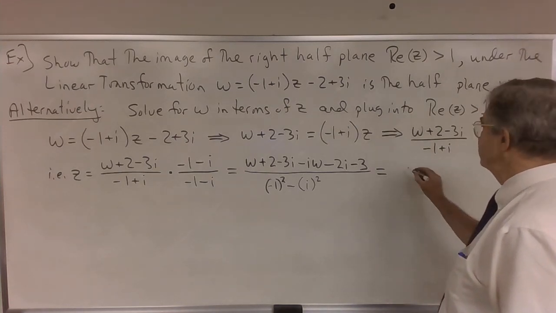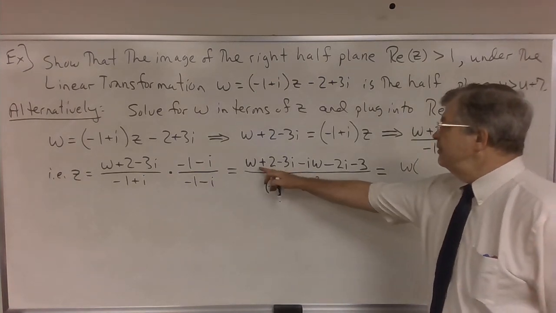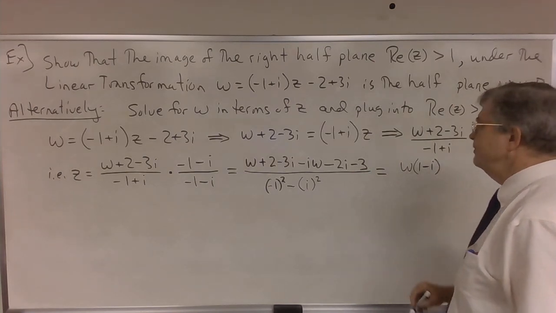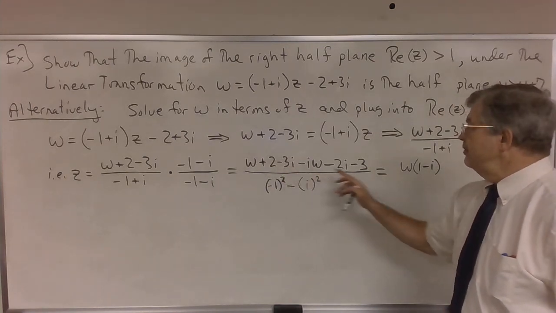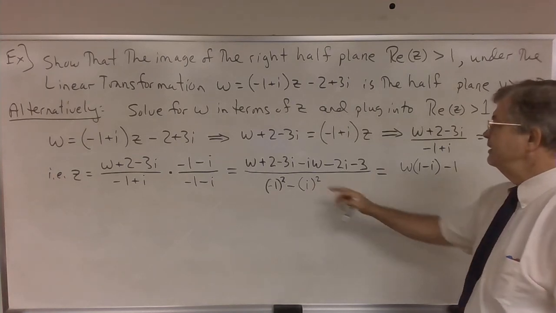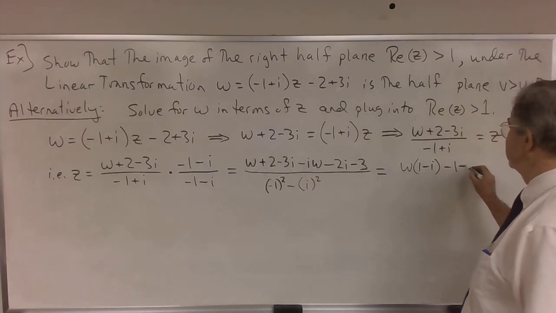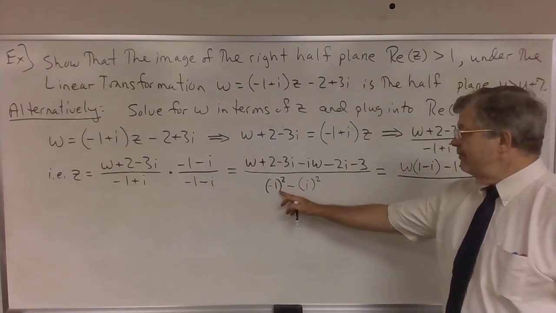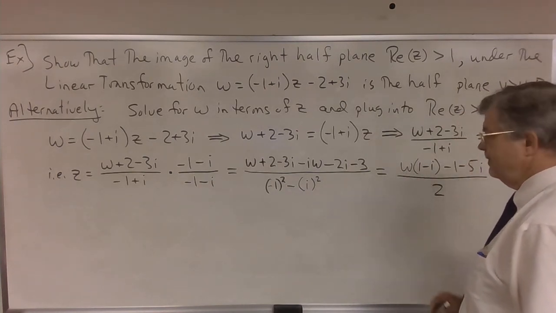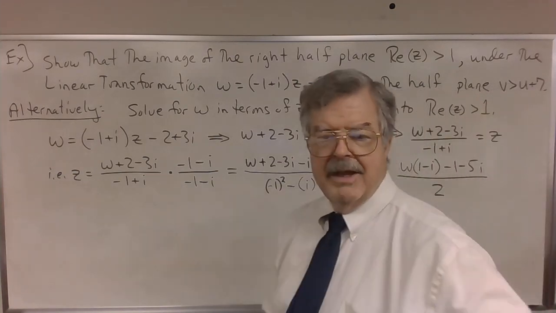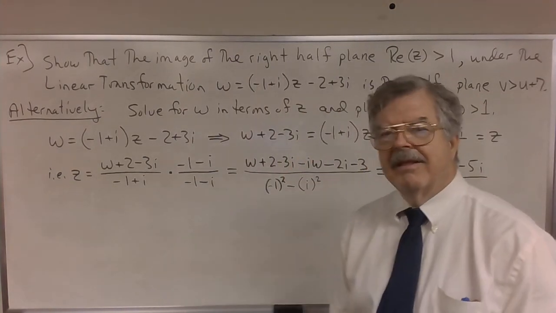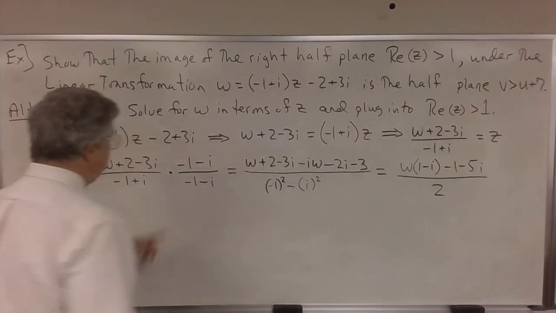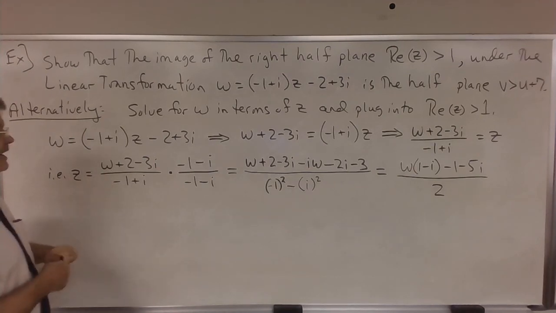Let's see. w minus i times w, so that's 1 minus iw. 2 minus 3 is negative 1. Negative 3i minus 2i is negative 5i. And on the bottom I have 1 plus 1 is 2. Okay, let me check that. Why didn't you stop me? Let's see. Negative 1 times w is negative w.